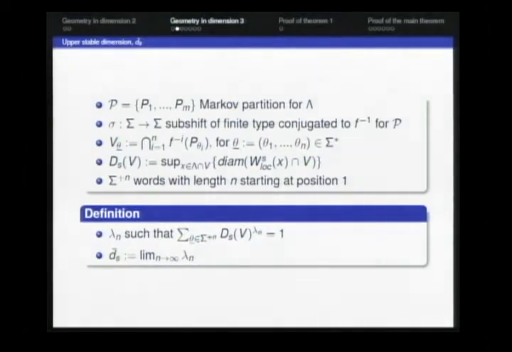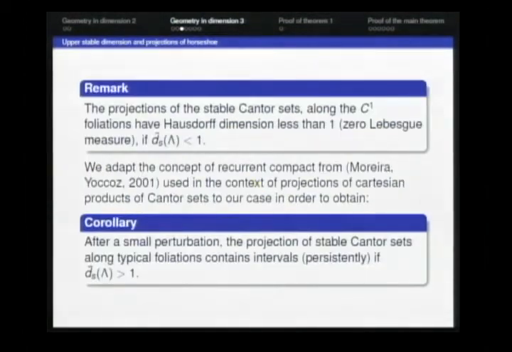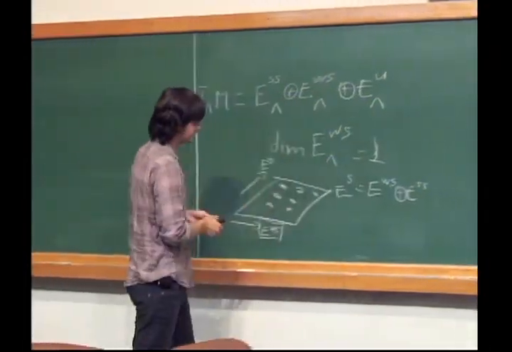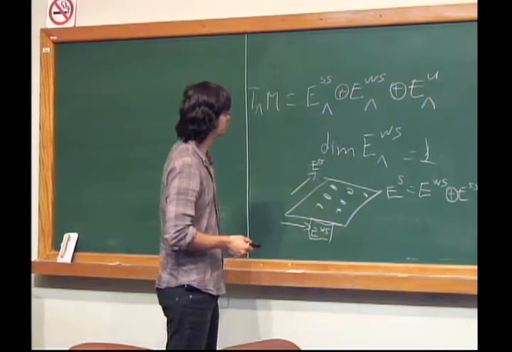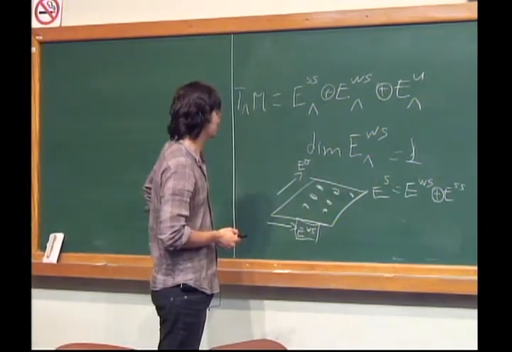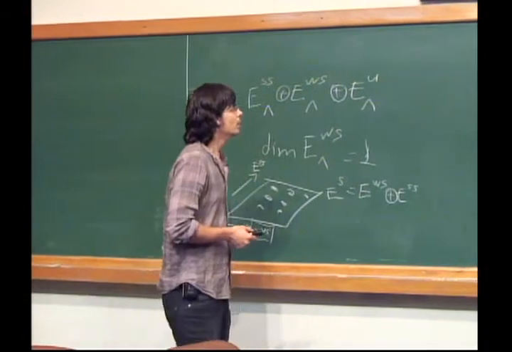So, analogous to the case I told in dimension 2, if the upper stable dimension is less than 1, then the Hausdorff dimension of the Cantor set in each leaf is less than 1, so the projection also has Hausdorff dimension less than 1 along C1 foliations.